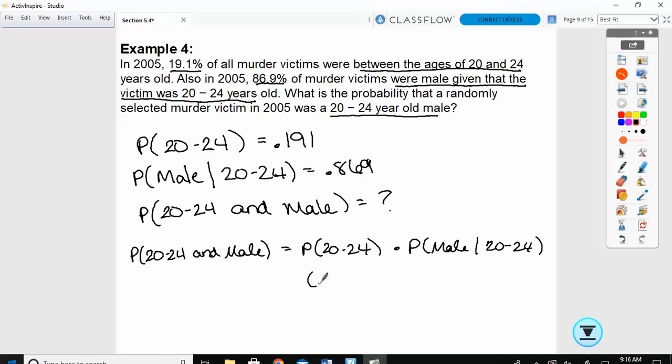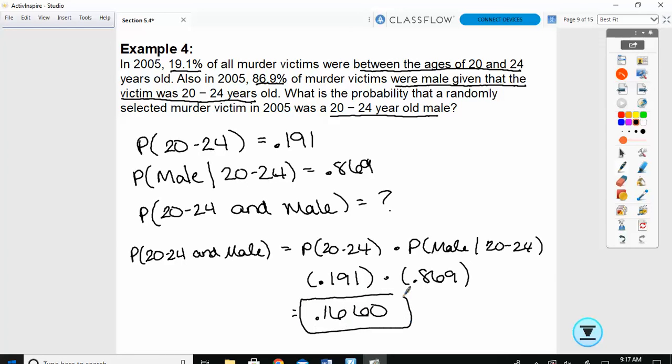So all we have to do is multiply these. 0.16597, so that would round to 0.1660.